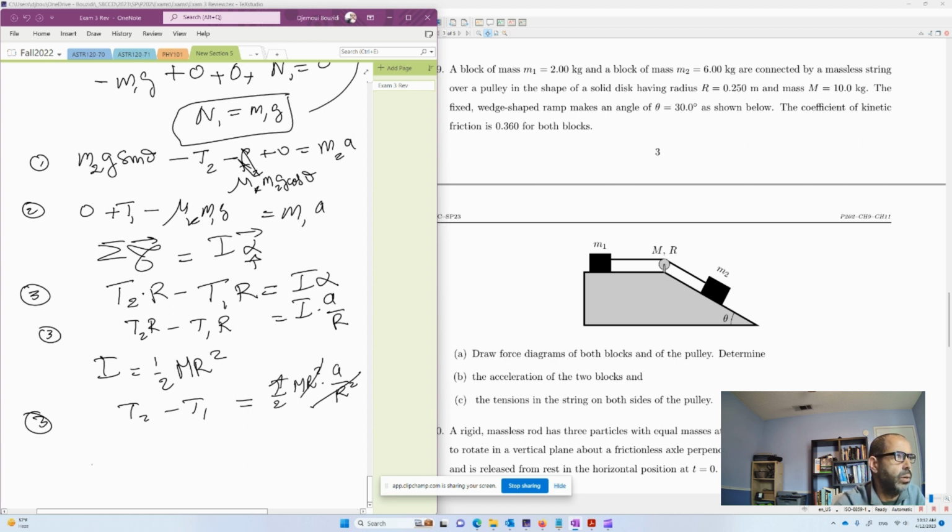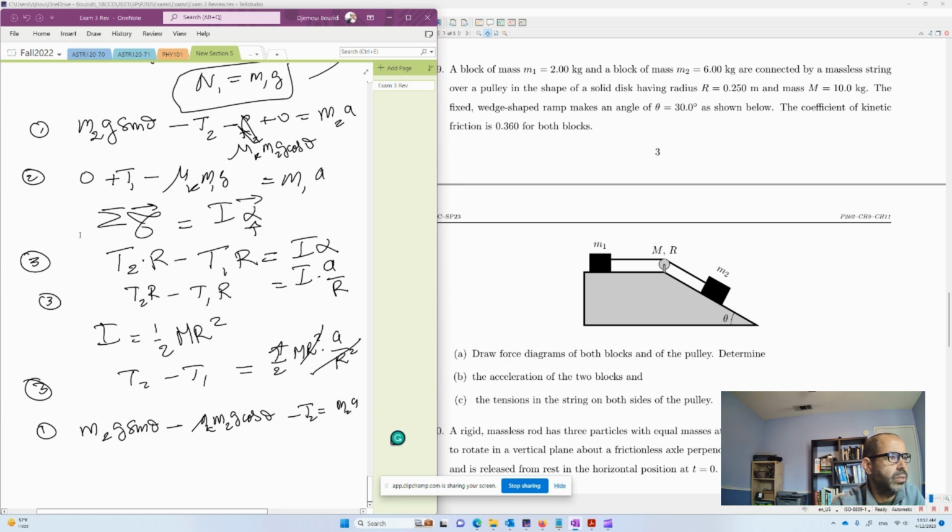So equation 1 basically was saying that m2g sine theta minus, I'm moving this mu k to the other side, mu k times m2g cosine theta, and I have minus T2 is equal to m2a. That's one equation. This is equation 1, okay?